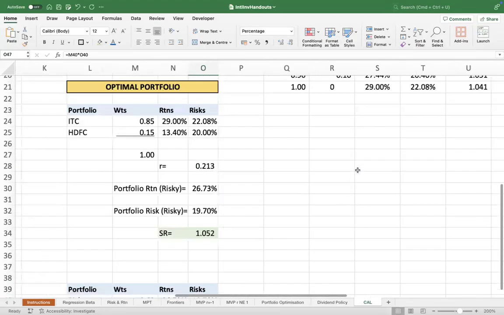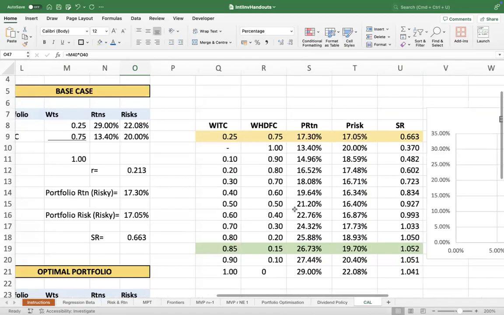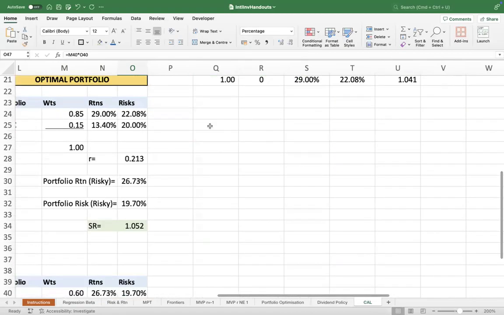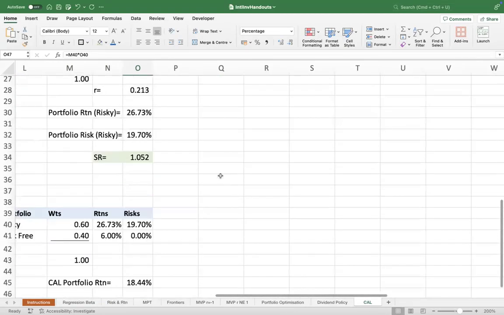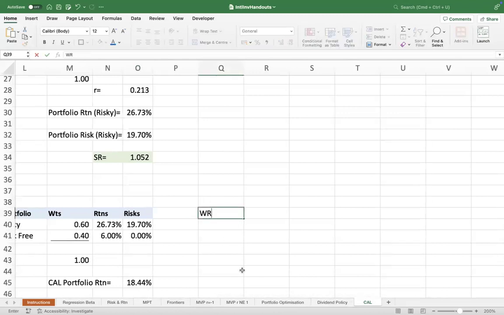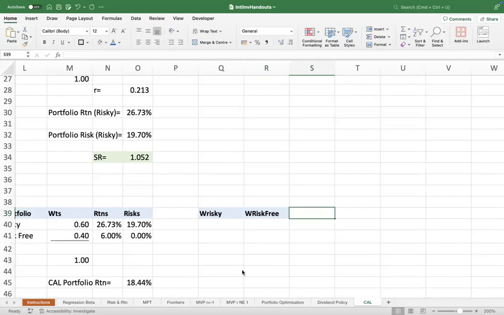Now what we can do is create another table here and I can say weight of risky, weight of risk-free, CAL portfolio return, CAL portfolio risk, and Sharpe's ratio.